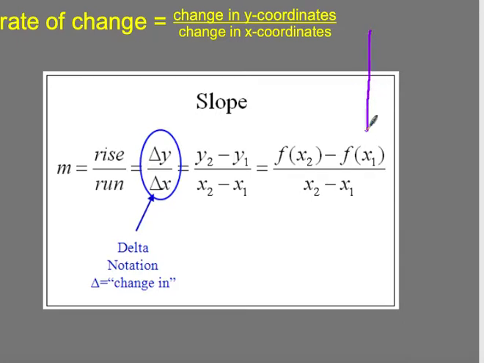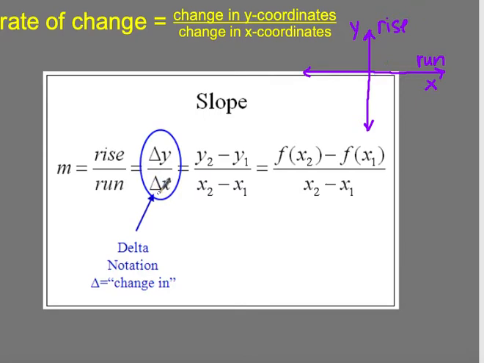So remember back to here is our coordinate plane. This would be our x-axis. This is our y-axis. So it's a comparison of the rise, or the change in those y coordinates, compared to the run, which is the change in the x coordinates.